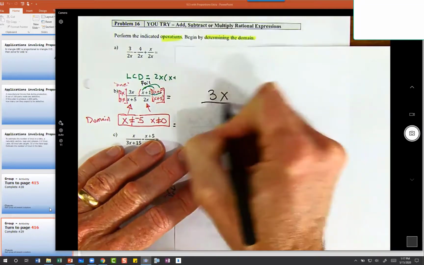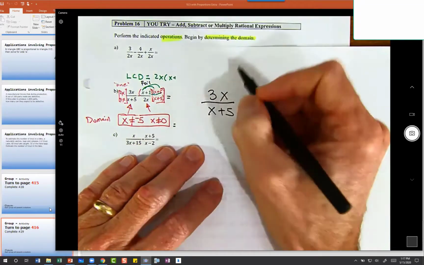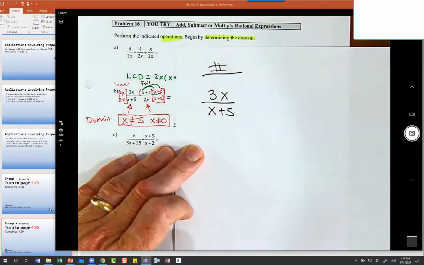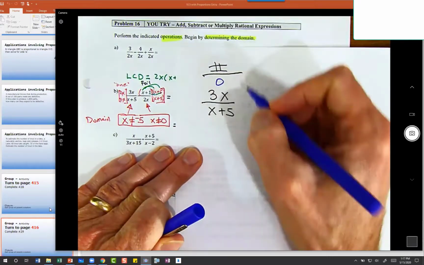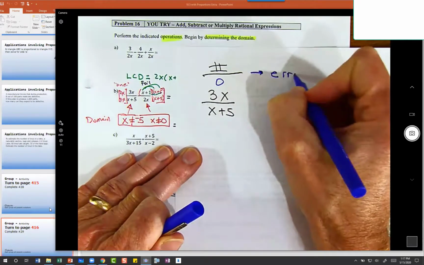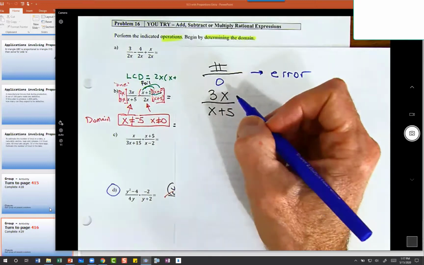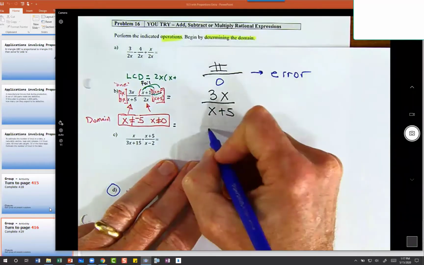So this is a fraction. And there's a principle about fractions that if you have a number divided by 0, that's not going to equal anything. It's going to be an error. It's impossible to divide by 0. And so we've established a principle here. The bottom can't be 0.